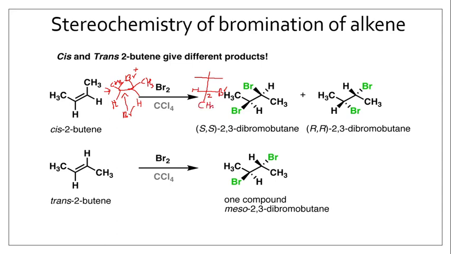Or you can write CH3 over here and hydrogen over here. Then on the second carbon atom, Br is from the opposite side, so Br and hydrogen and CH3.